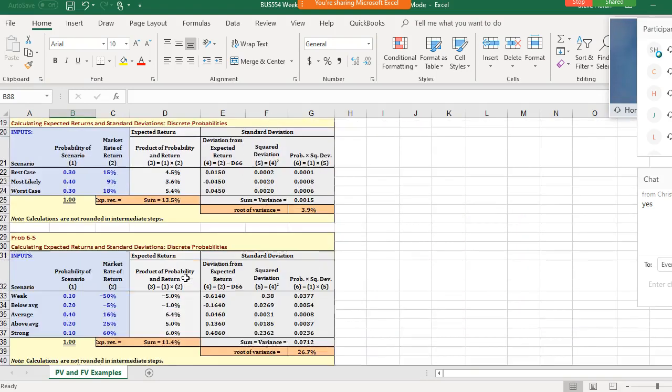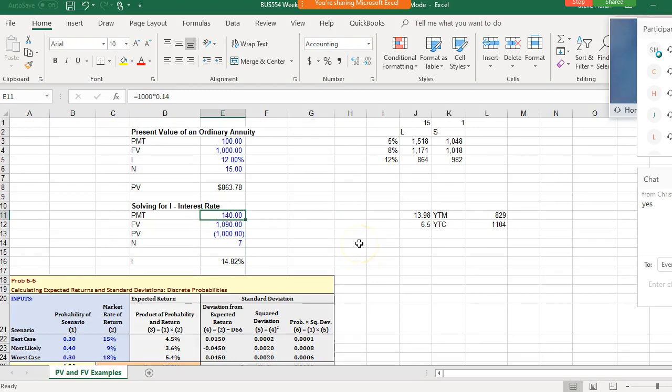So we'll do yield to maturity on this bond. Let's plug in my numbers. Let's do the N first. A 10-year bond, so N is 10 times 2 because it's semi-annual. We paid for this bond $1,100 today. It will mature at $1,000 in 10 years. And then the coupon payment is 60.